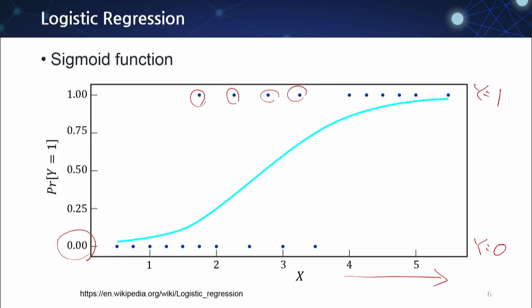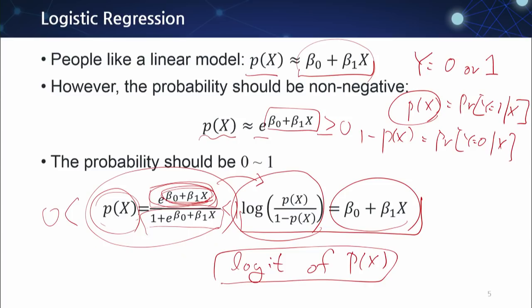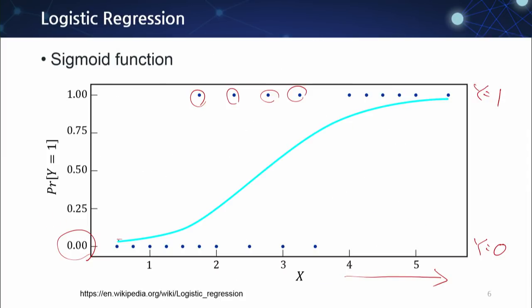If we draw the logistic regression line, which is the sum shown in the previous one, it shows this kind of S-shaped curve. When x is small, the value of this curve is getting close to the 0 side.